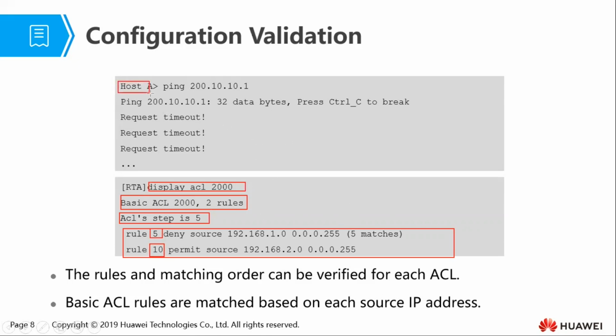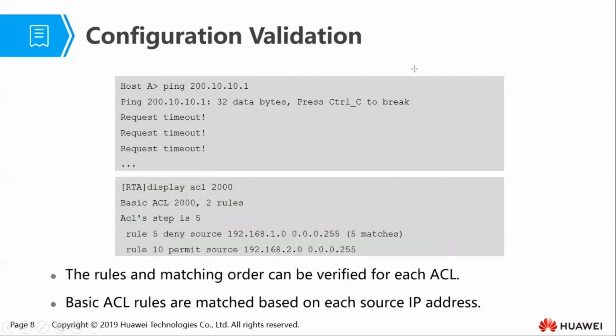So from host A, as you can see from the red network, if you ping the server, your request is going to time out because we've denied you from accessing that server using the ACL.